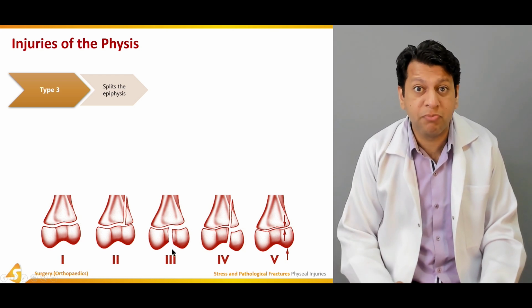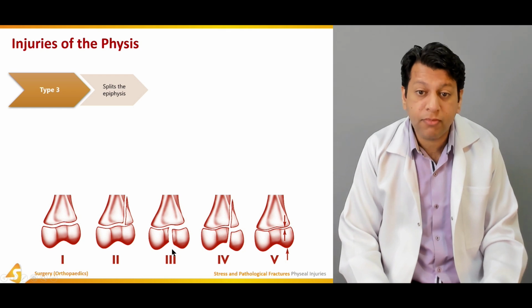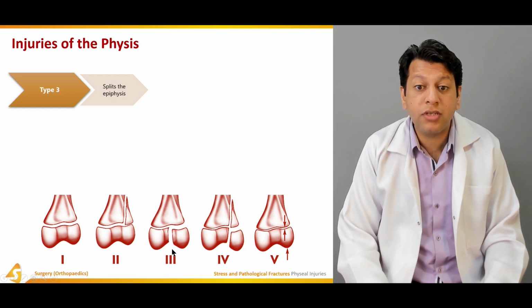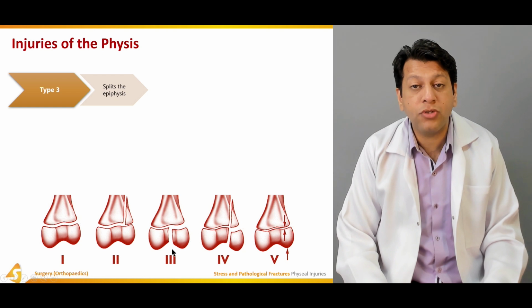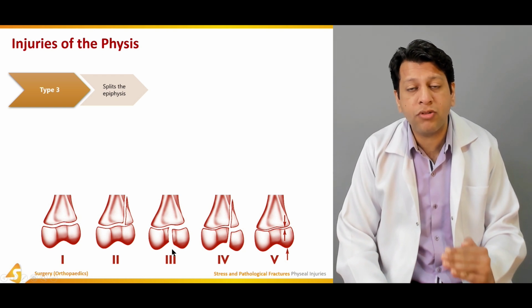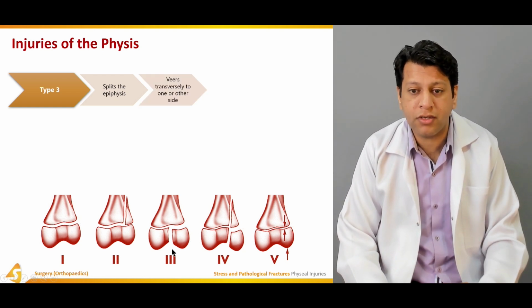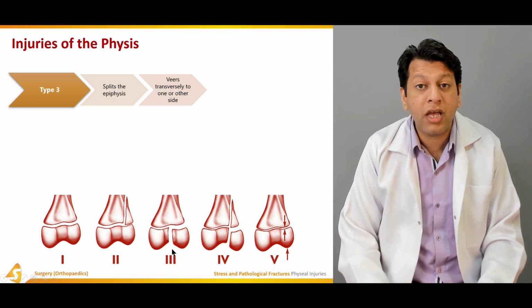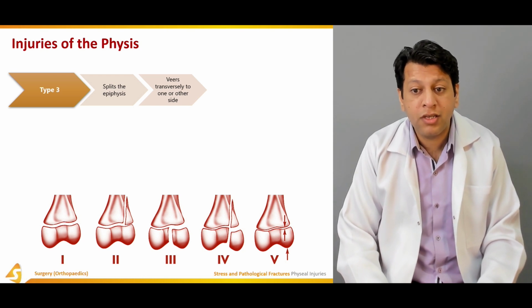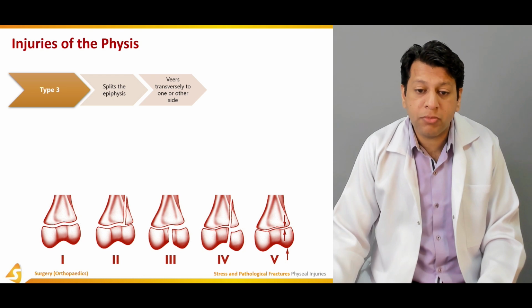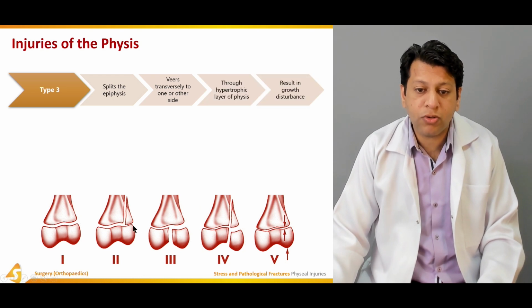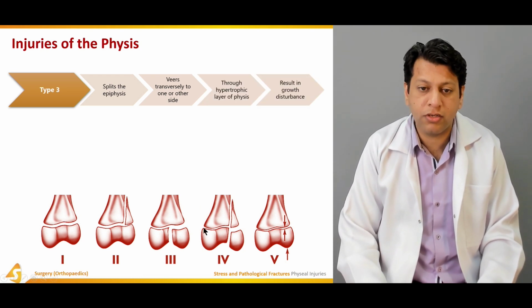This becomes a type 3 injury. It veers transversely to one side, but rather than going into the metaphysis, it goes into the epiphysis, and it goes through the hypertrophic layer of the physis, and this causes growth disturbances later on.